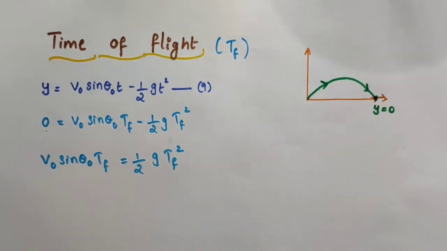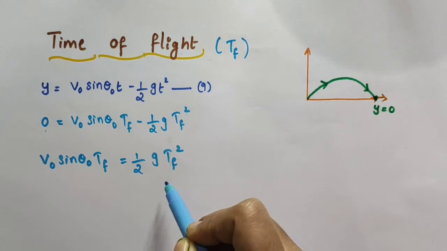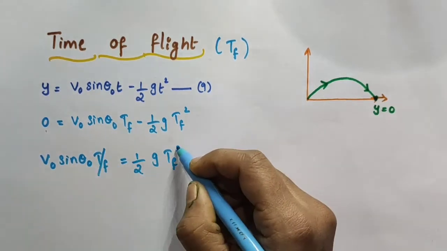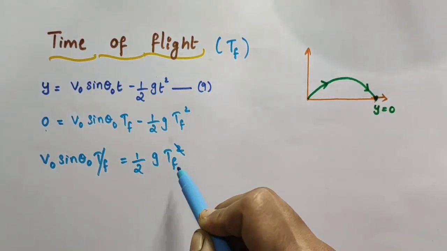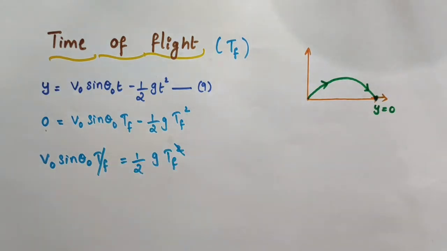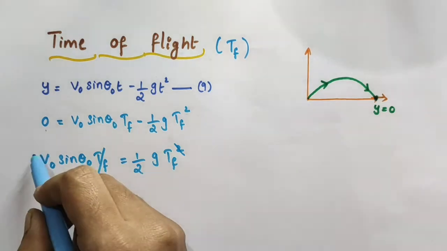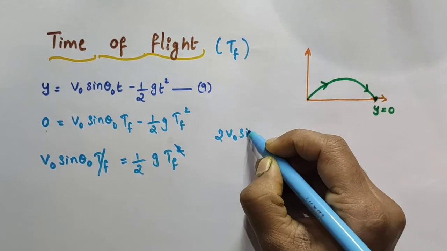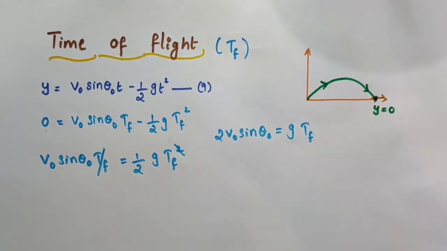Now if I take one tf to this side, it goes to the denominator, and one tf from the numerator and denominator can be cancelled. This tf square means tf into tf, so one tf from here and one tf from here can be cancelled. If I take the 2 to this side, it becomes 2 into V0 sin theta 0 equals g into tf.